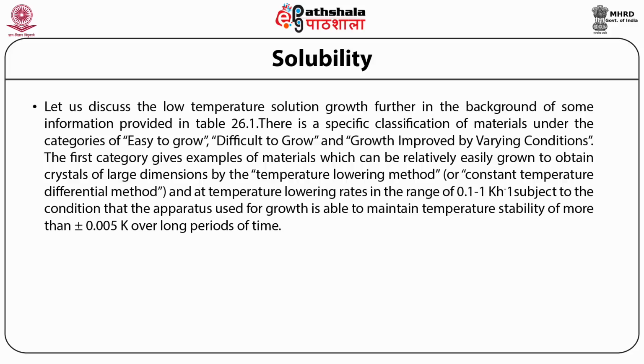The first category gives examples of materials which can be relatively easily grown to obtain crystals of large dimensions by the temperature lowering method or constant temperature differential method, at temperature lowering rates in the range of 0.1-1 K per hour, subject to the condition that the apparatus used for growth is able to maintain temperature stability of better than plus or minus 0.005 K over long periods of time.